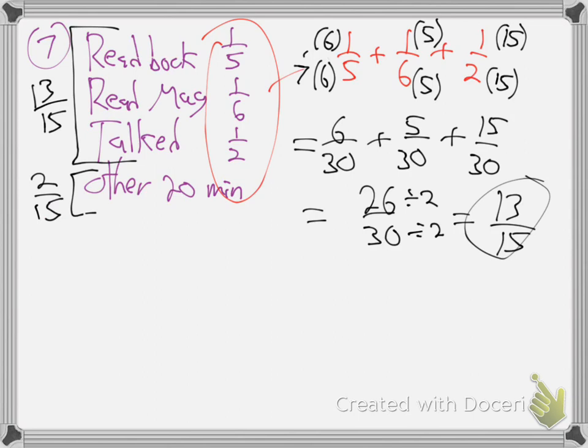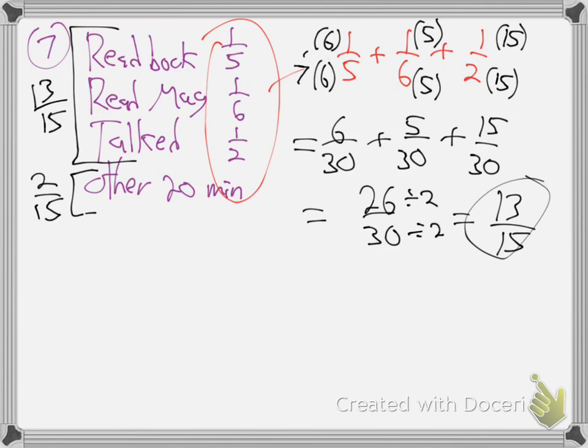Because together they have to be everything. If somebody says, I ate 13 fifteenths of the pie, how much was left? 2 fifteenths. So the other 20 minutes is 2 fifteenths of the total trip time, isn't it?